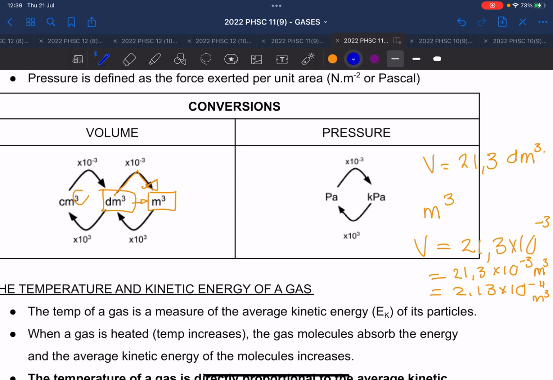Okay, the pressure conversion. Does everyone understand the volume conversion? Yes. I got 2.13 times 10 to the power minus 6. Oh, okay. That also makes sense.